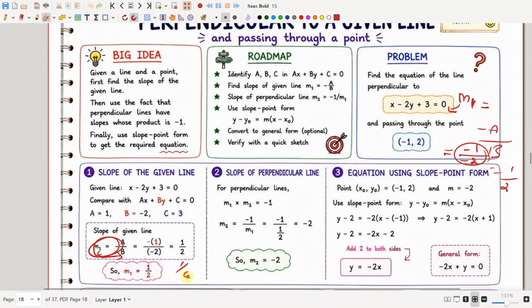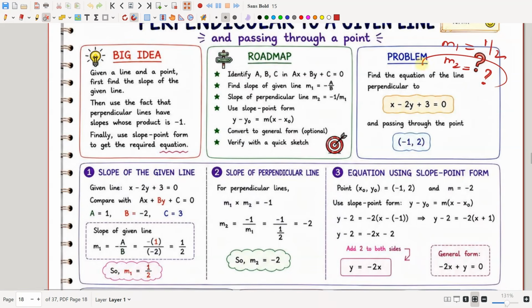Okay, so we are asked to find the equation of a line perpendicular to this line, right? So we have the slope of the first line as 1 by 2. If we find m2 and we already have this point -1, 2, we can find the equation of the perpendicular line using the point slope form, right?